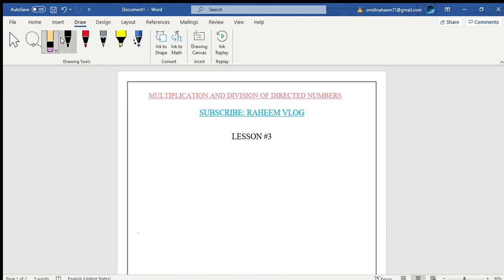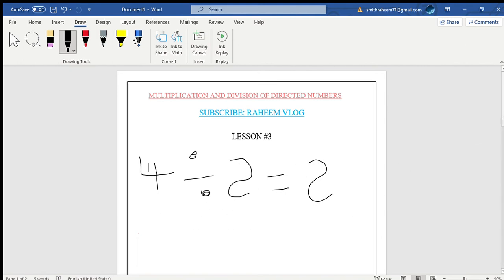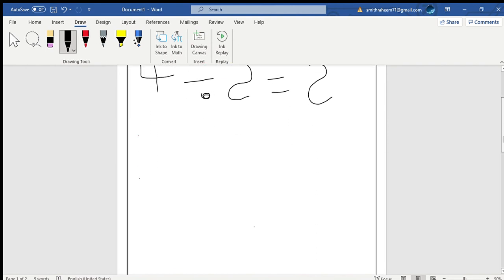Let's say you have 4 and you divide 4 by 2. Your answer will give you a positive 2. So 4 divided by a positive 2, your answer will give you a positive 2.